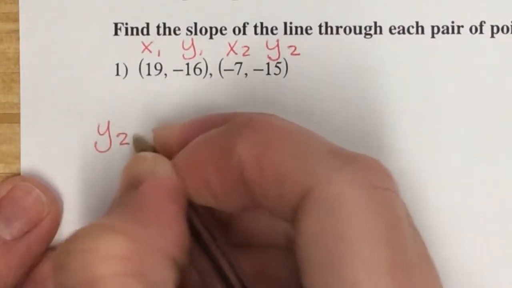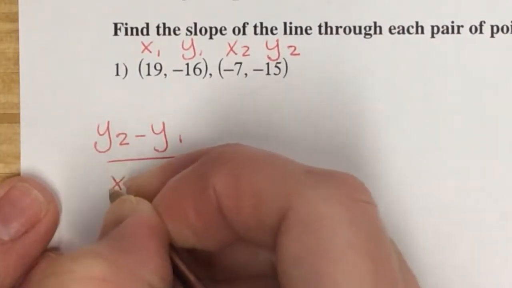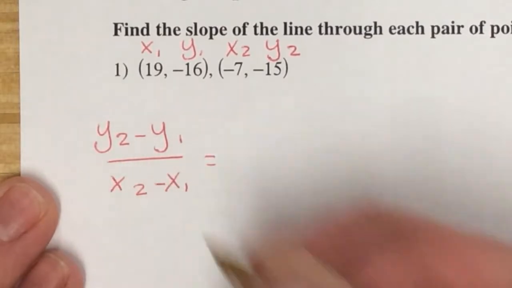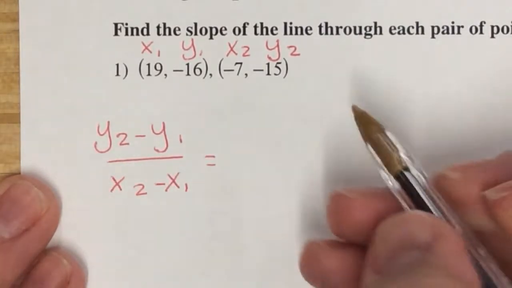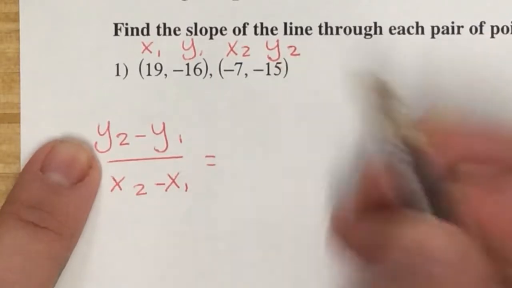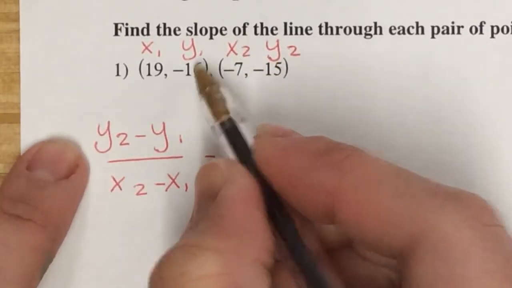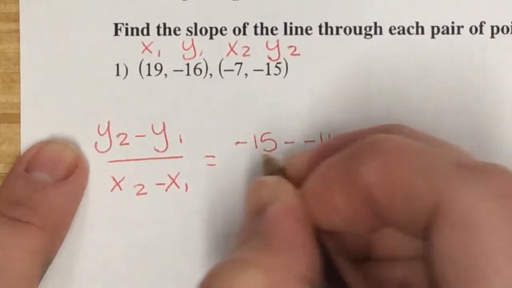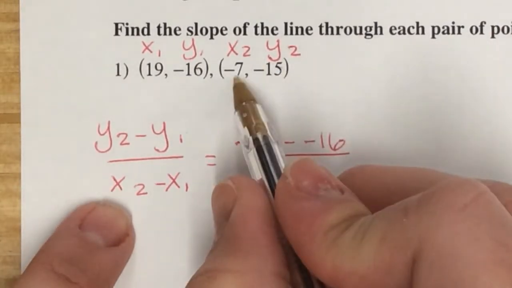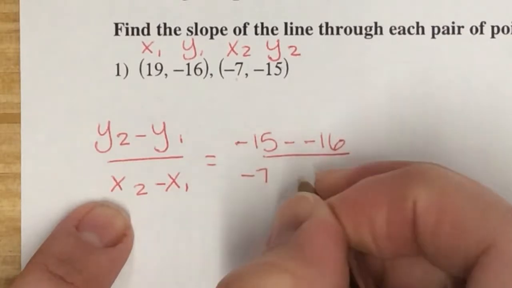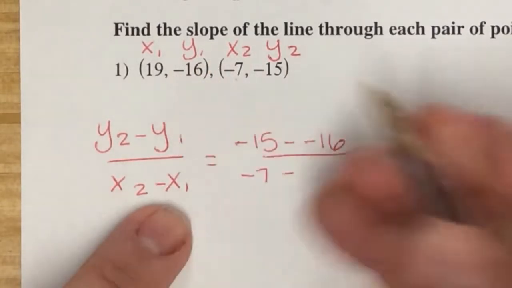Our formula is y2 minus y1, x2 minus x1. Now you plug things in. y2 is -15 minus y1 is -16. x2 is -7 minus x1 is 19.